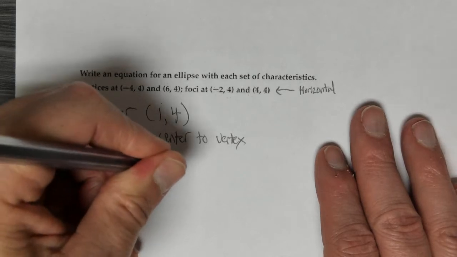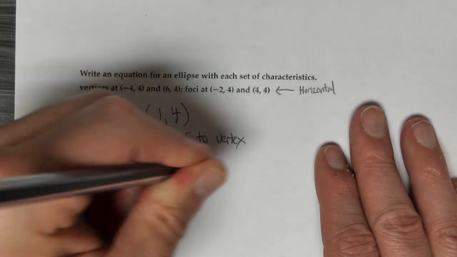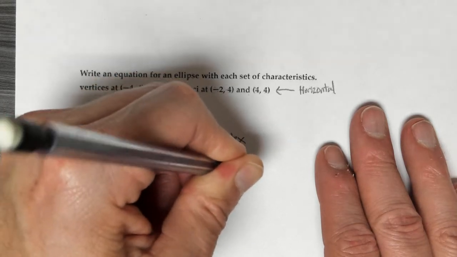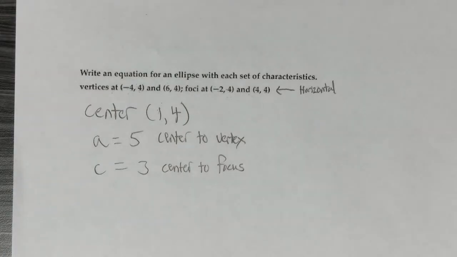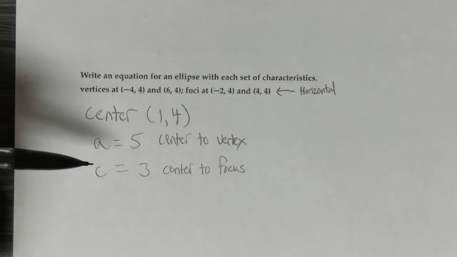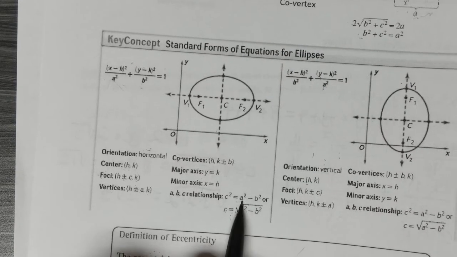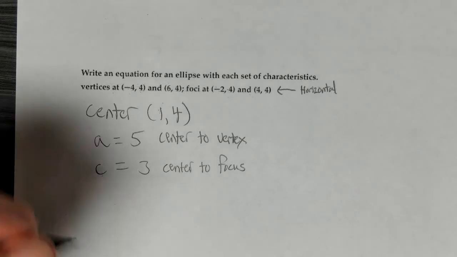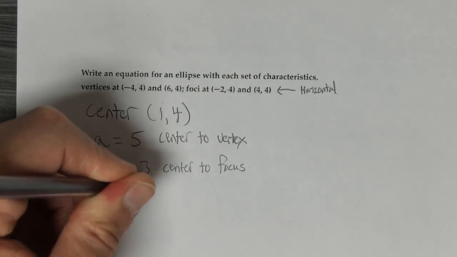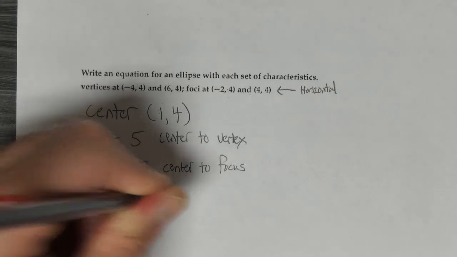So that's center to the focus. Center to the focus is 3. Now, I can use A and C to get B from this equation right here: C squared equals A squared minus B squared.